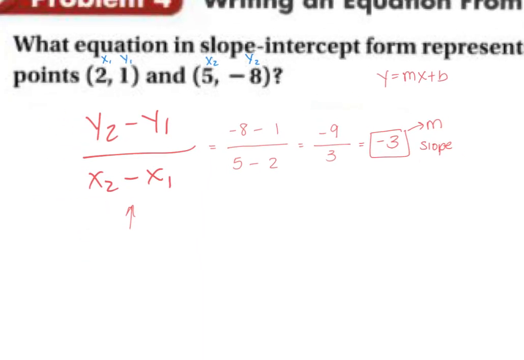Plug that back in. So now we've got y equals, m is no longer m, it's going to be -3, x plus b. Once we have this equation, we're going to plug in either point. So Alan, pick one of those 2 points, 2, 1 or 5, -8. Which one do you want to use? 5, -8?